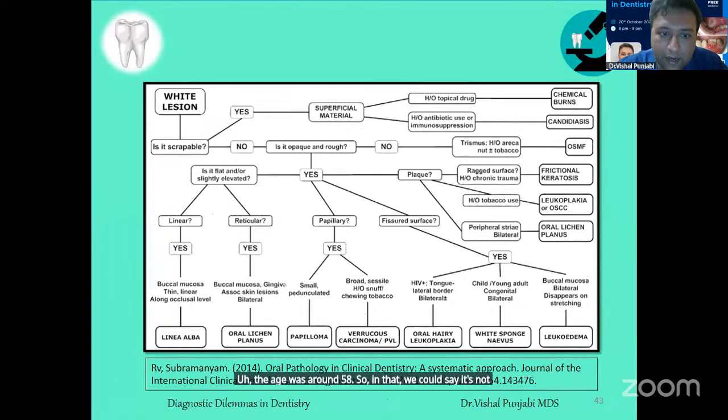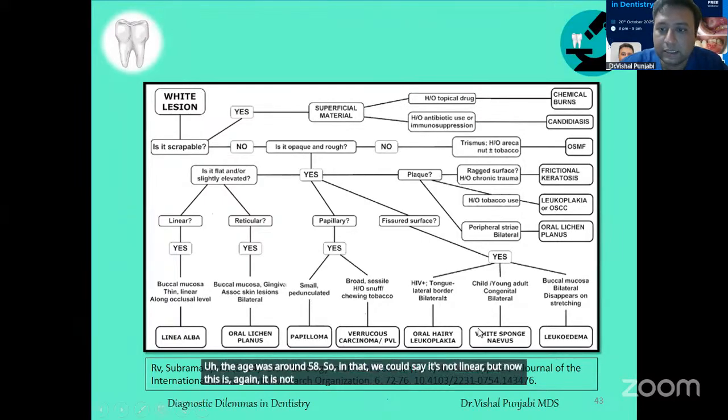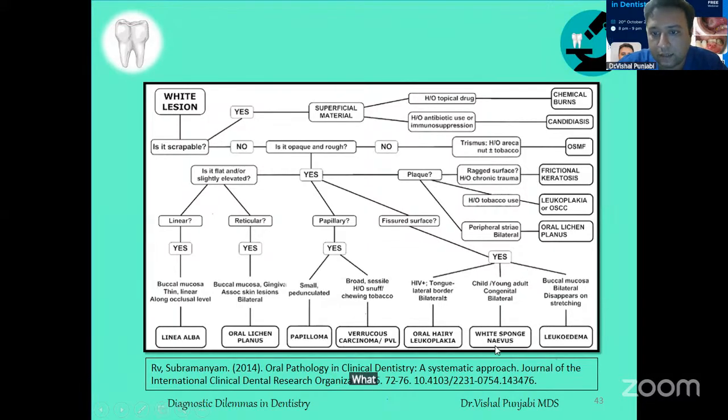But again, it is not because of constant irritation. We have to rule out other things, like verrucous carcinoma, or proliferative verrucous leukoplakia, and then papillomas, or the lichen planus case we saw before, and even leukoedema. So we have to have a different approach.